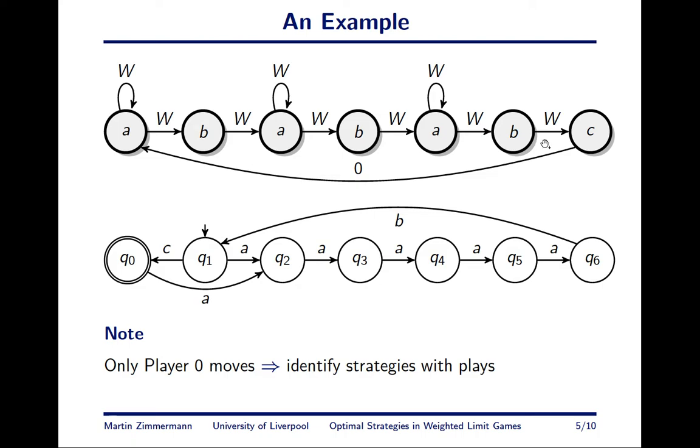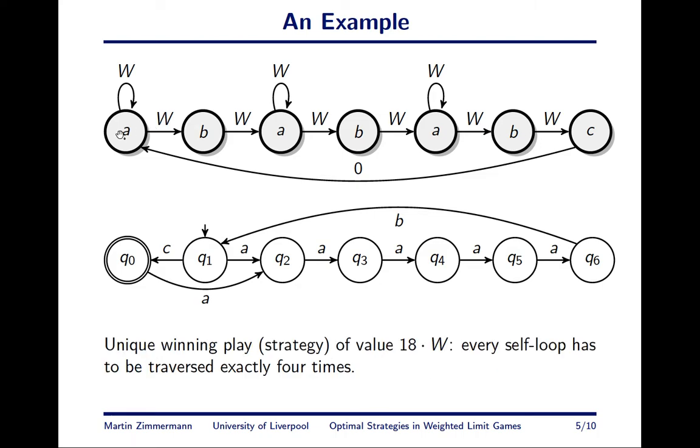For this game, this means essentially there's a unique winning play and therefore a unique winning strategy, and this has value 18 times W, and it works as follows. You use every self loop 4 times.